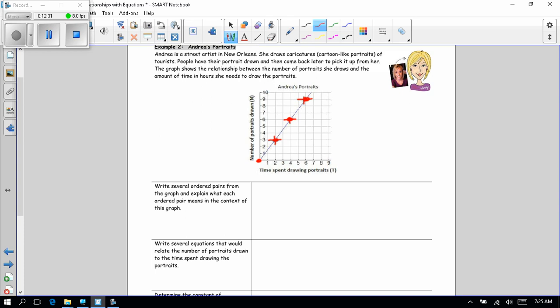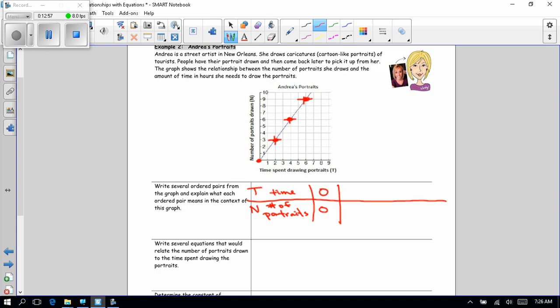So let's keep track of our time. We're going to use T for time, and let's use N for the number of portraits. And we have 0 time. She does not make any portraits, does she?